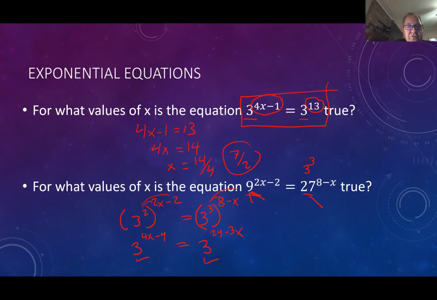We have 3 equals 3, so therefore this exponent must equal the other exponent. So 4x minus 4 must equal 24 minus 3x. Well, we'll add 3x to both sides and get a 7x. Add 4 to both sides, we'll get a 28. Divide by 7, and we get 4. Okay.